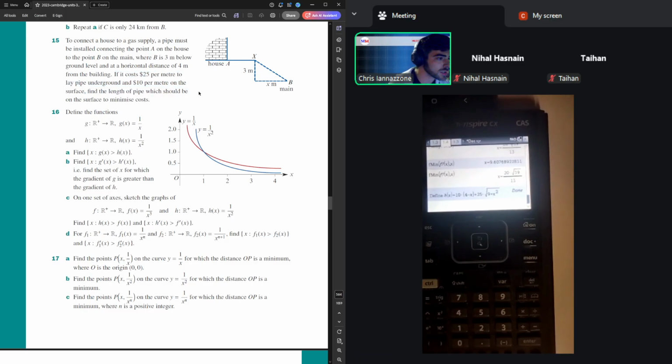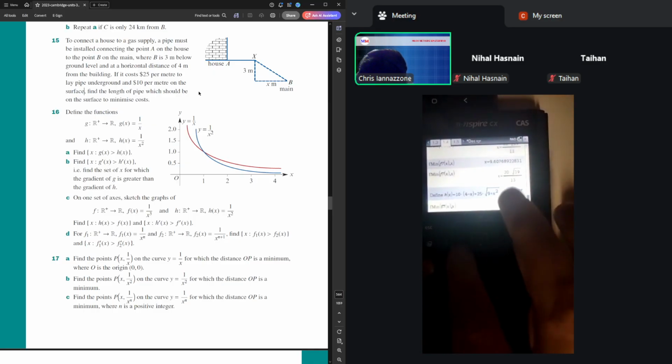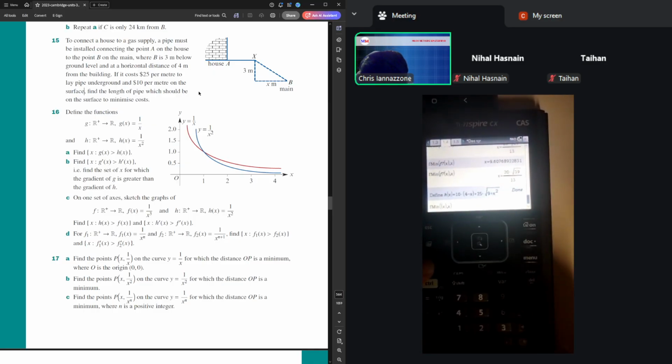Okay, find the length of pipe which should be on the surface to minimize costs. It's trying to minimize costs, which seems to me like we're going to do an F-min here. Alright, this is a cost equation after all. Does that make sense? Yeah.